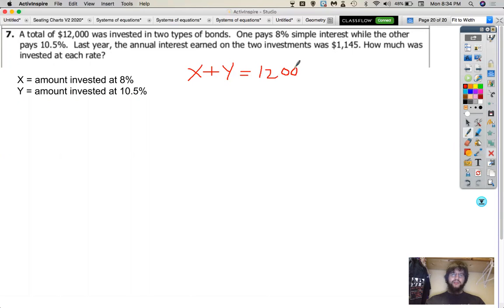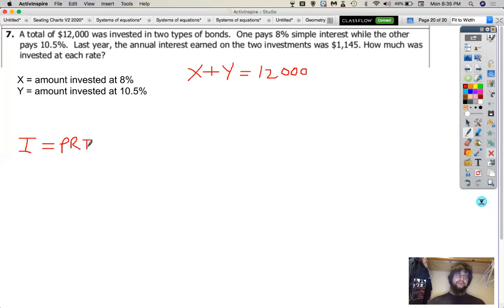Don't put commas in your numbers ever. It's just annoying. Maybe in chemistry and science, but not in math. Now, 8%. And the two investments earned $1,145. So we gotta know what simple interest means. So side note, interest formula for simple interest.